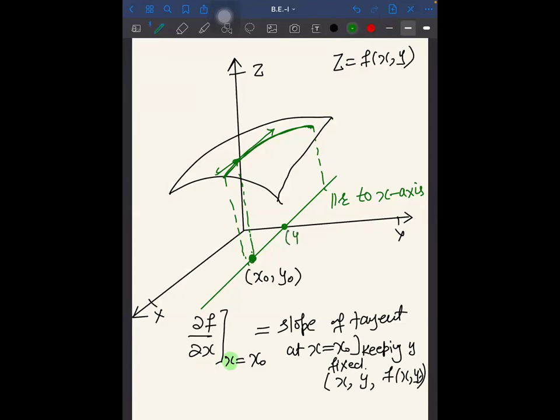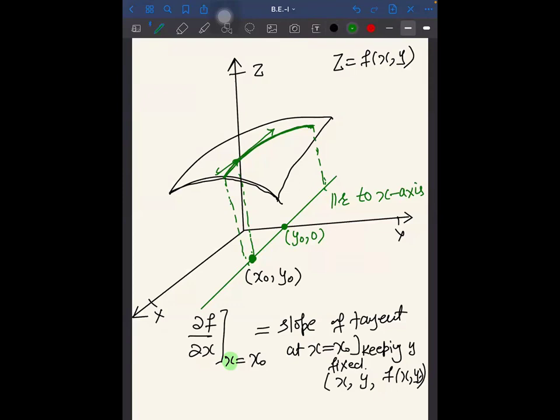Then you imagine a plane along the dotted lines, and this plane will slice the sheet which we have. Once the sheet is sliced, imagine this kind of shape will be there, that green thing. Are you getting this?